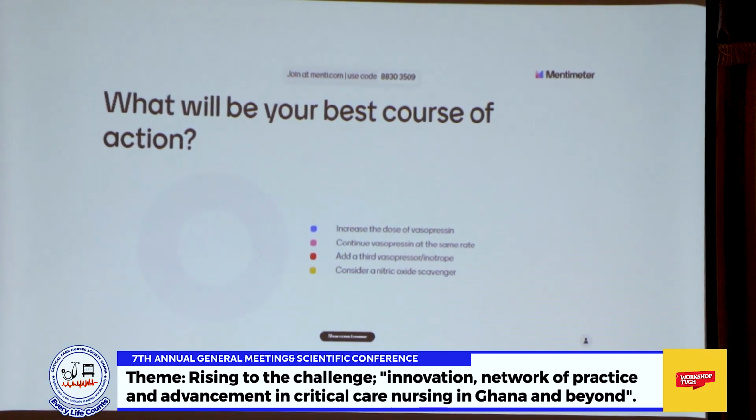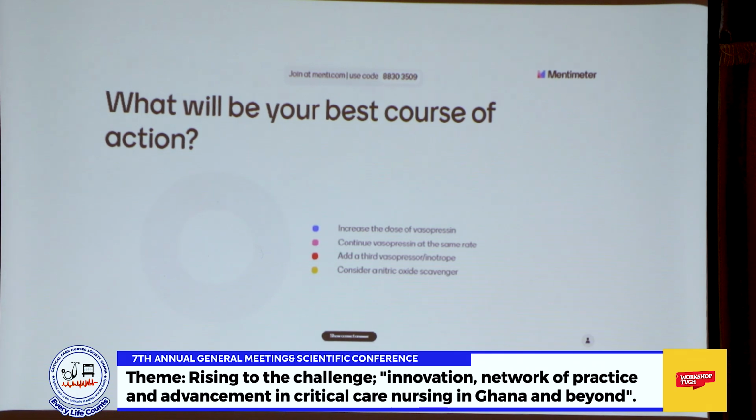What should be your best course of action? So either we increase our vasopressin dose, continue at the same rate, add a third vasopressor, or consider a nitric oxide scavenger.